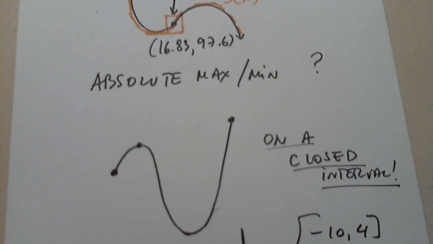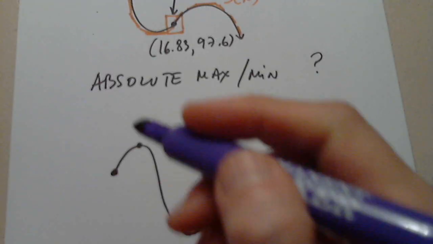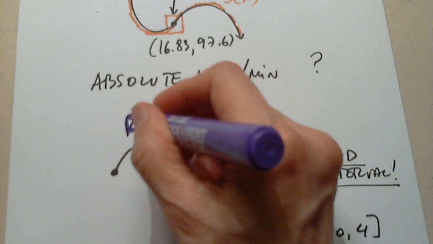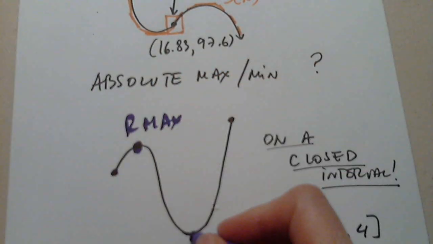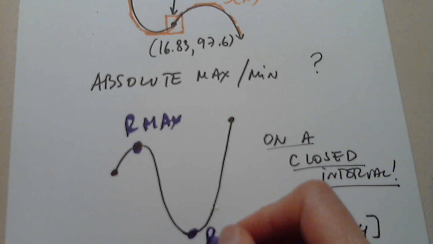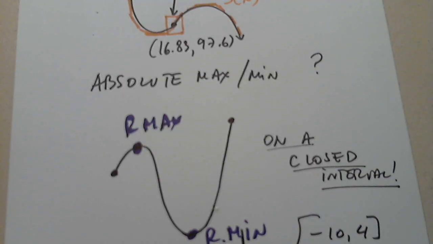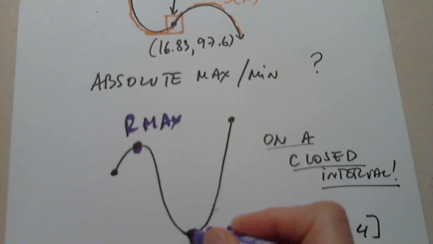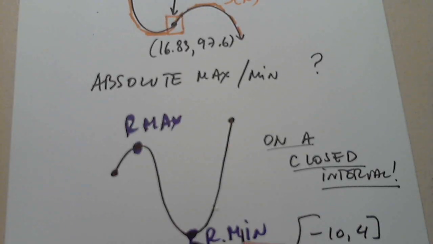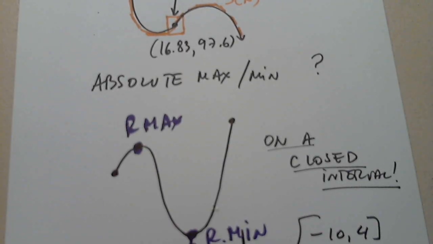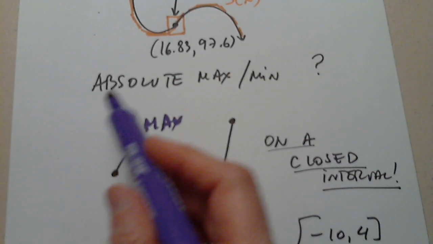Now notice the following. No secret, we've done this before. This is a relative max. This is a relative min. However, this point here is also an absolute minimum, because there is no other value smaller than it in this function.